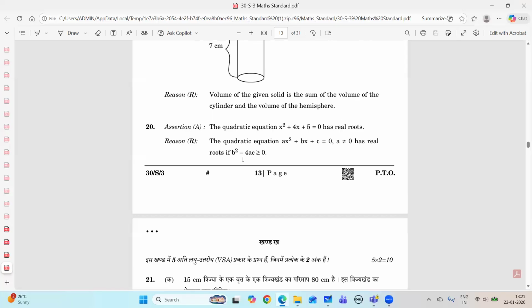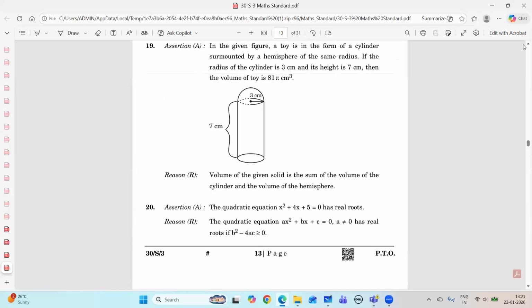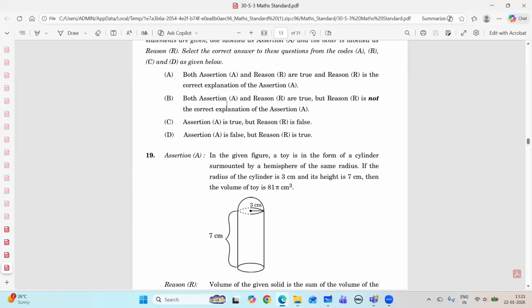The discriminant is b square minus 4ac, that is 4 square minus 4 into 1 into 5, 16 minus 20, which is minus 4, less than 0. This quadratic equation cannot have real roots. It has only complex roots. Therefore the assertion is false and the reason is correct.